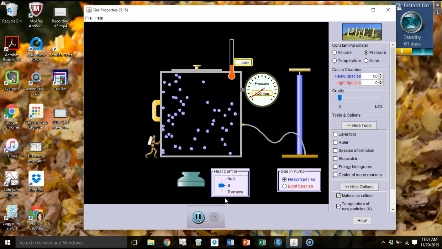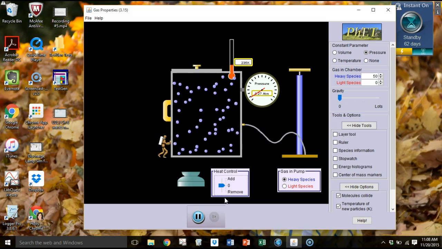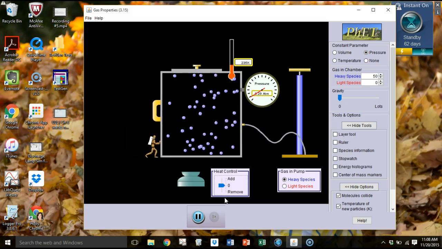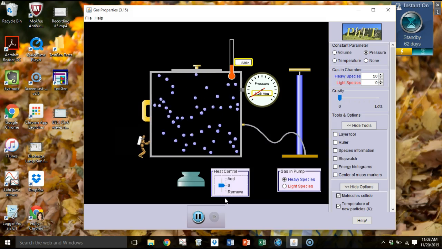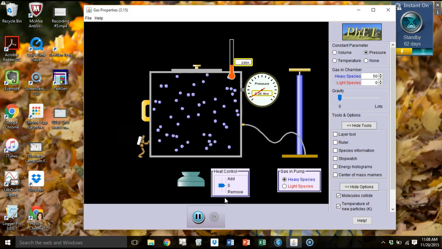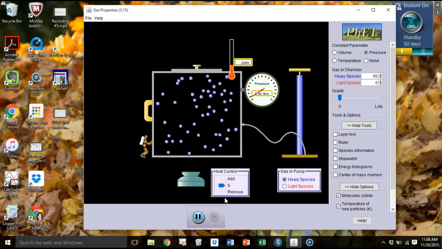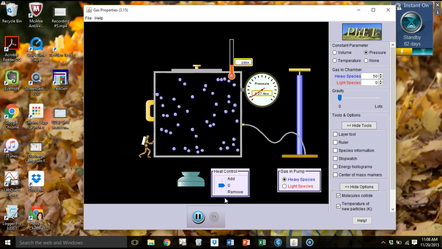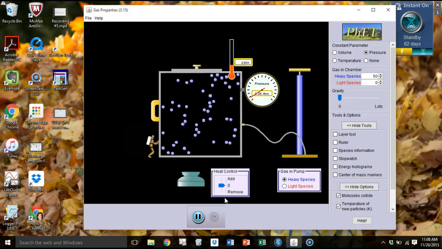So notice there's a little bit of lag time when we make an adjustment. The particles have to kind of get the message of what's happening. Oh, I'm going back. There we go. That's where they should have been in the first place.